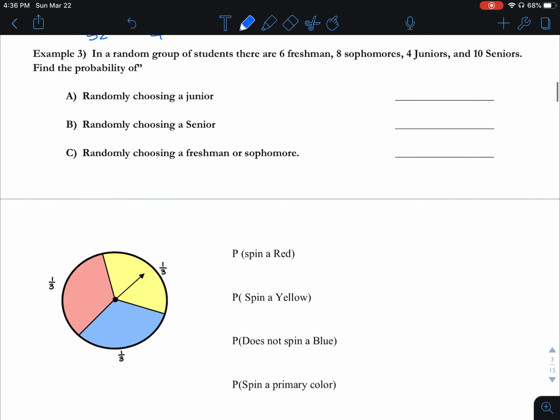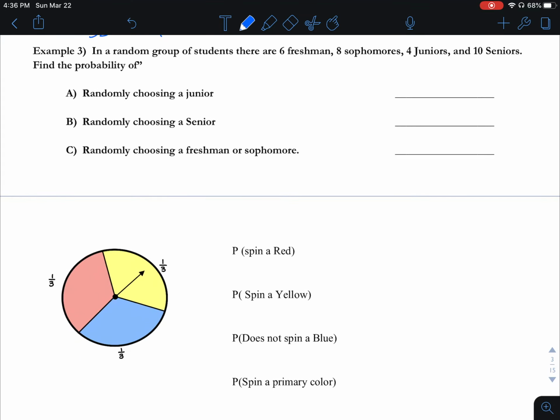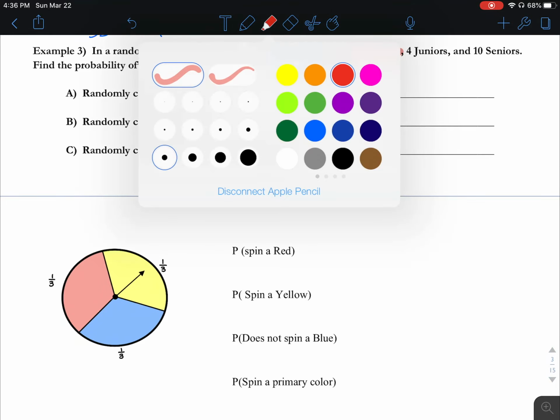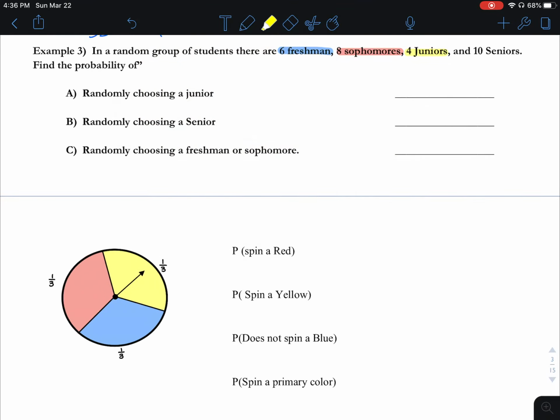Let's talk about example 3. So in a random group of students, there are 6 freshmen, 8 sophomores, 4 juniors, and 10 seniors. Okay. First, in order to solve for a probability, I need the total amount of possibilities I could have.